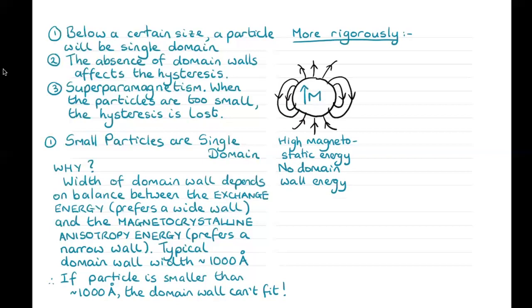If instead our small particle has a domain wall, then it has two regions of opposite magnetization, and so its external magnetic field is much smaller, and correspondingly it has a lower magnetostatic energy.